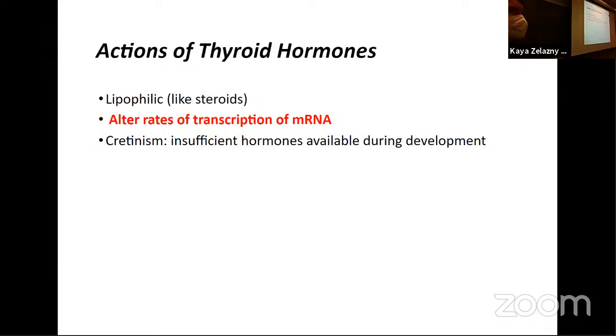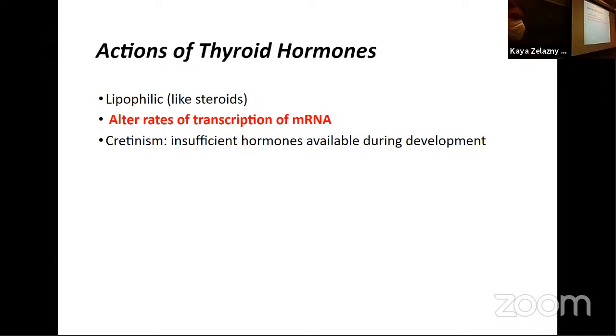So thyroid hormone can get through your membranes, actually can get all the way to your nucleus. So it alters transcription of mRNA. It's actually sort of an interaction with your genes almost, in order to change the machinery that's available in cells. So this is part of how it's having its regulatory effects on metabolism.